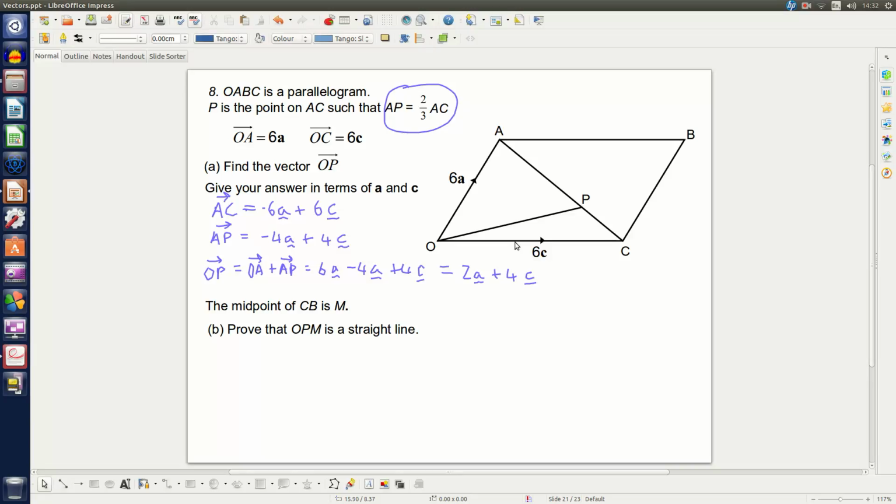Okay, so let's first put M on here and find the vector OM. OM is simply going to be 6C, OC in other words, plus half of OA because they're parallel, and so plus 3A.